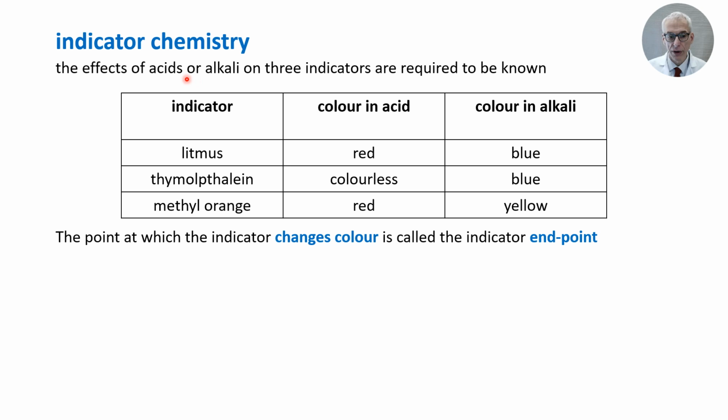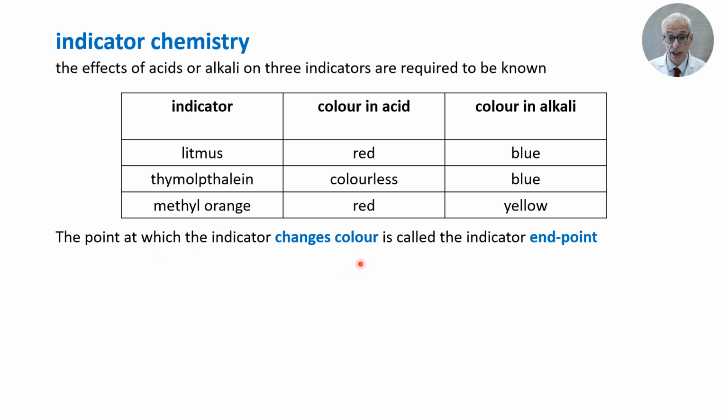You need to know about their colors in acids and alkali. So litmus, you're probably very familiar with, is red in acid and blue in alkali. Thymolphthalein is colorless in acid, but blue in alkali. Methyl orange is red in acid and yellow in alkali. Those color changes need to be known.